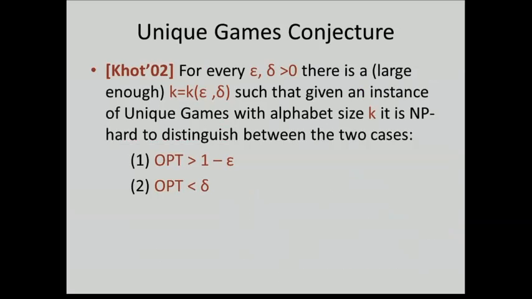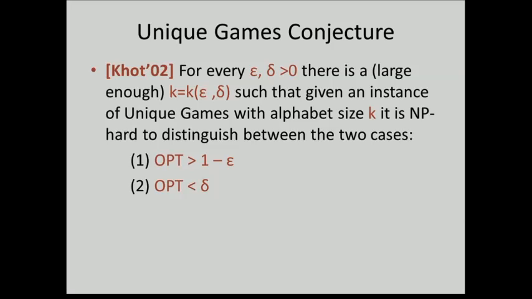Right, so what the Unique Games Conjecture says, which was made by Subhash in 2002, is that for every epsilon and delta you give me, I can find a large enough k, large enough alphabet size, such that given an instance of Unique Games with alphabet size k, it is NP hard to distinguish between the 2 cases where the optimum, this maximum fraction of constraints I can satisfy, is bigger than 1 minus epsilon, or the optimum is less than delta.